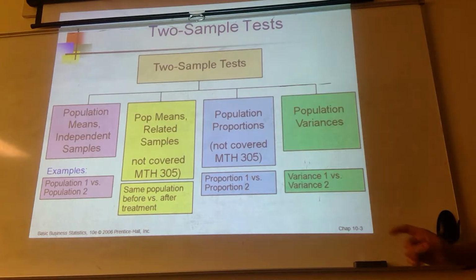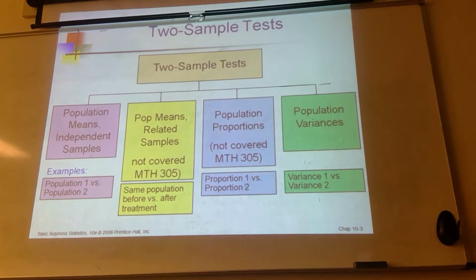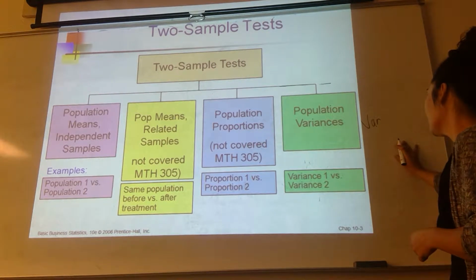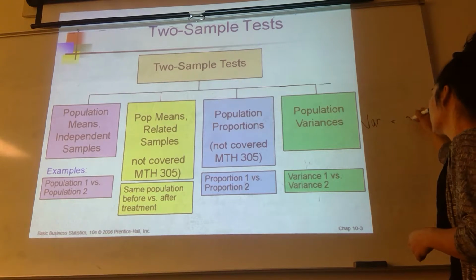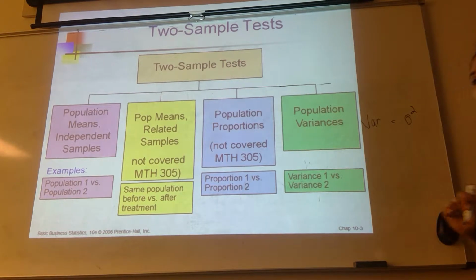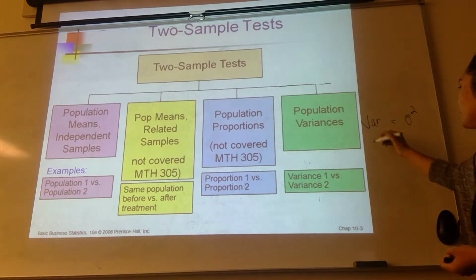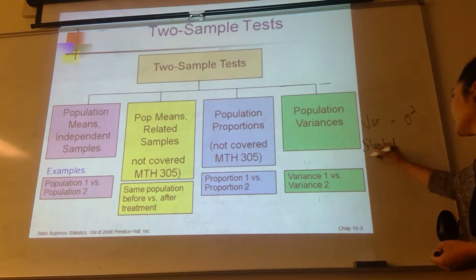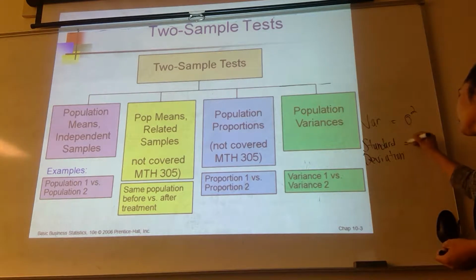Okay. Now variance. This is just a little bit of a review from Math 130. Variance is VAR, and it is sigma squared. Okay, that's a Greek letter sigma. The standard deviation, right, that we've been seeing so much, is just sigma.